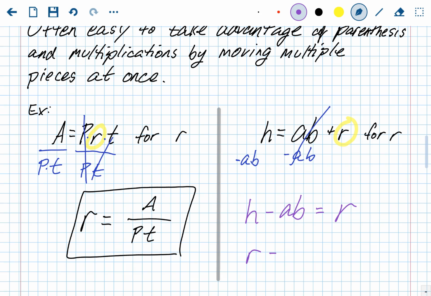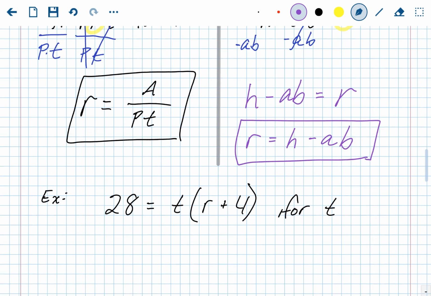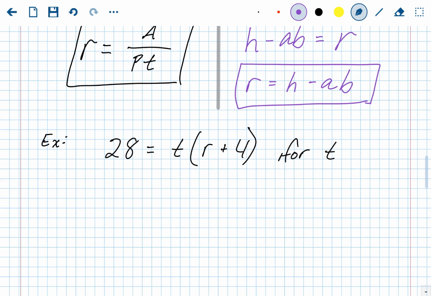Now again, a lot of times people like the variable on the left. So I can rewrite it, just the symmetric property, just flip them around. R equals H minus AB. So you can move entire terms at once. You can move multiple multiplications at once. And the last scenario is you can move an entire grouping at once.